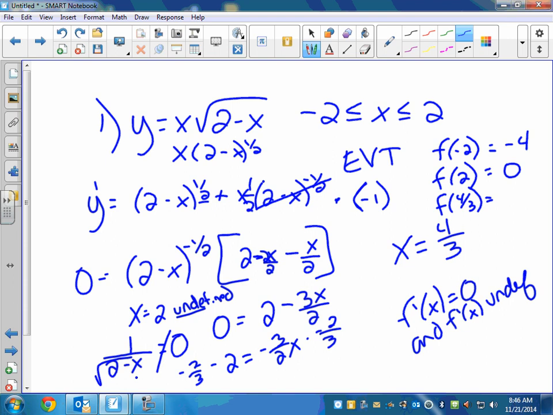And if you didn't have a calculator, when you plug 4/3 in there, you get a positive number, which means it's bigger than this and bigger than this. So even without a calculator, you could figure out that it's going to give me a positive number, which means it is going to be the maximum. But since you had a calculator, I just plugged it in and got like 1.09-ish.